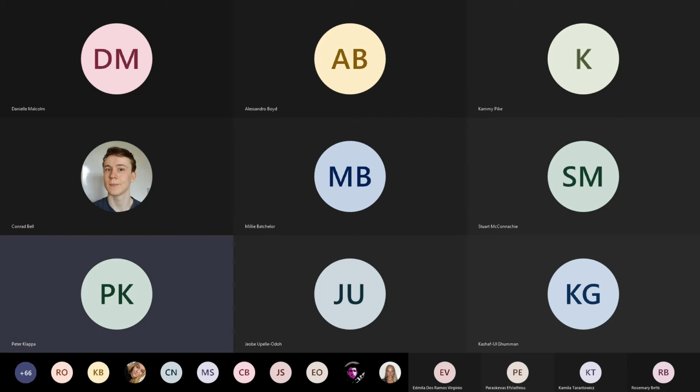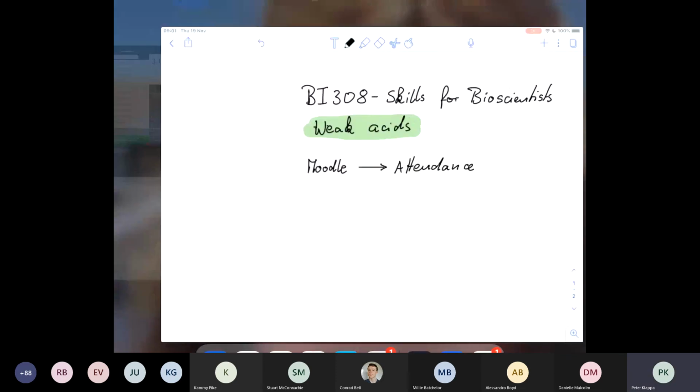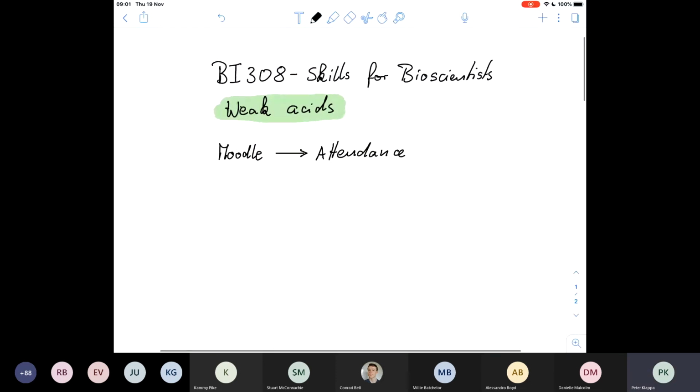So it should be recording. Yep. Okay, and I go to the share screen. And we go to that. So big question, can you see the screen?